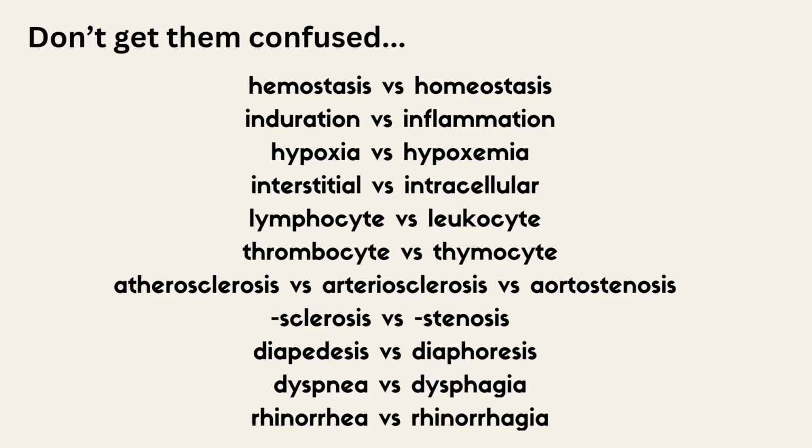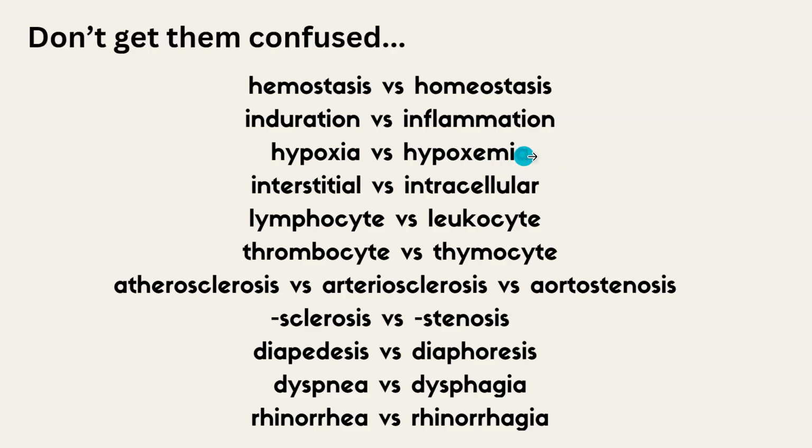Okay, hypoxia versus hypoxemia. So these are just a slight difference. You see hypo and ox are both shared in these words. So our difference is just our IA ending and EMIA ending here.